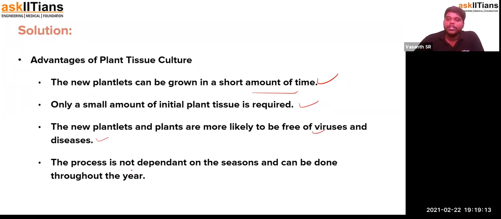Also, plants are normally grown only in particular seasons. But with plant tissue culture, it is not required that the plant be grown only at a particular time period. It can be grown at any time. So that really makes the thing more beautiful. I repeat, these are the advantages of plant tissue culture.